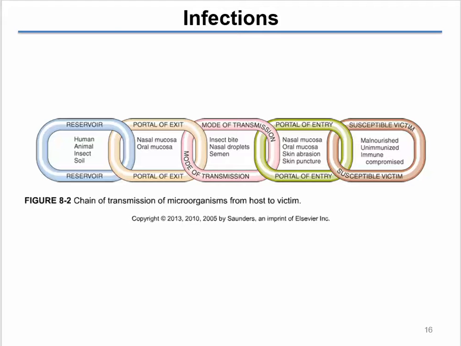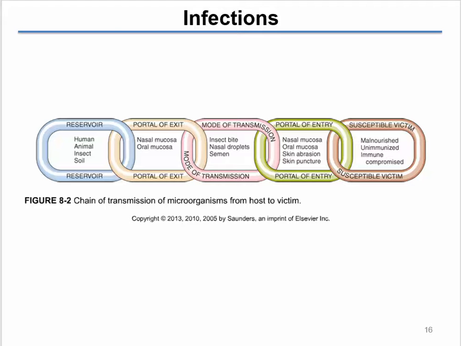There are people that don't have clinical manifestations of typhoid, but they become carriers of typhoid. They're the reservoir. A lot of times, reservoirs are insects. Zika virus is mosquitoes. Could be animals. Could be the soil. Things like tetanus are in the soil.